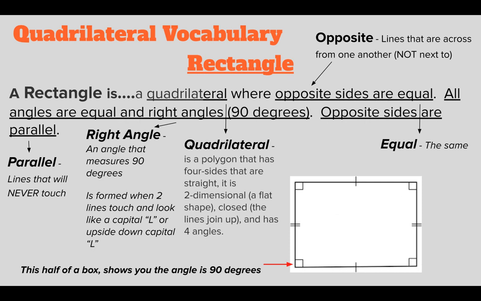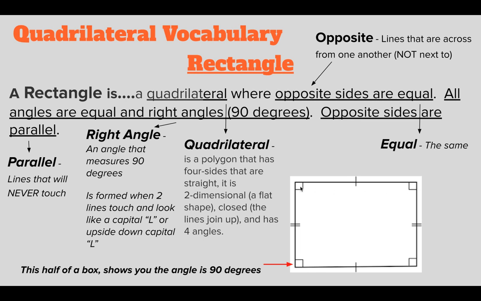A rectangle is a quadrilateral where opposite sides are equal. All angles are equal and they're right angles, which means 90 degrees. Opposite sides are parallel. So again, take a look at this shape. Notice the angles. You will see a half box and something that looks like an upside down capital L. That is telling you that this is a 90-degree angle.